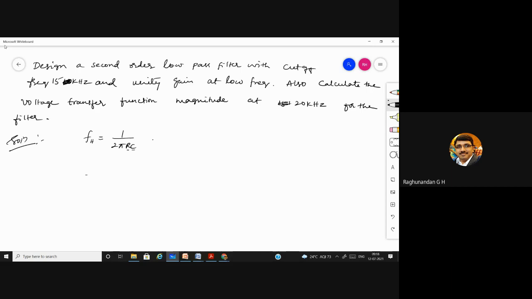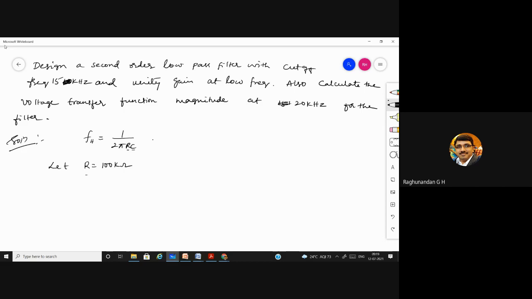But usually the capacitor value, even though it is given as 1 microfarad, we will usually be using 0.1 microfarad or 0.1 picofarad, like that. Since capacitor value is ranging till 1 microfarad, in second order low pass filter we will better choose resistance value 100 kilo ohm, because capacitor value keeps on depending.